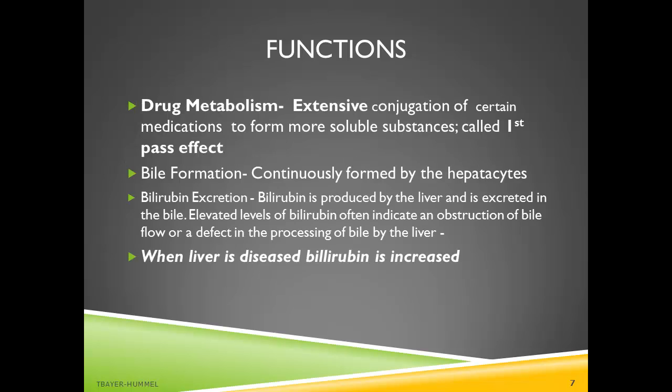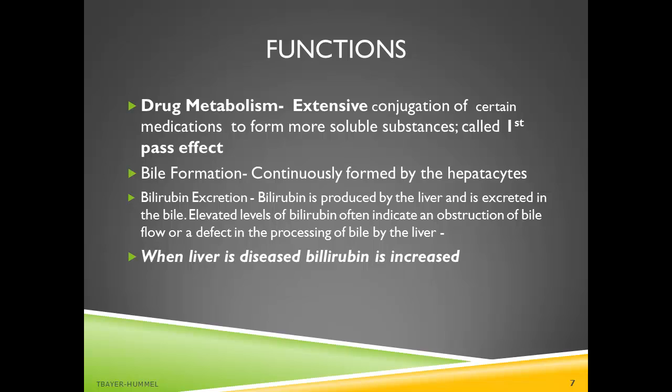One of the most important functions of the liver for us to be concerned about as nurses is drug metabolism. Extensive conjugation of certain medications to form more soluble substances is called the first pass effect. These medications have a high extraction profile and are dependent on the blood flow through the liver for metabolism.